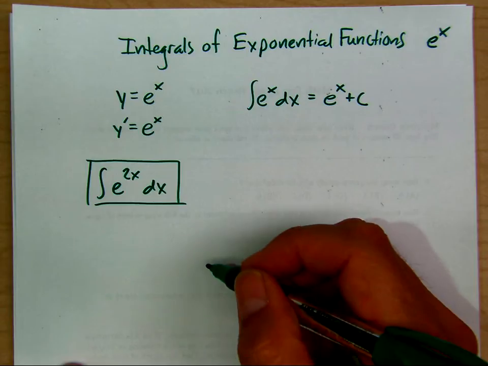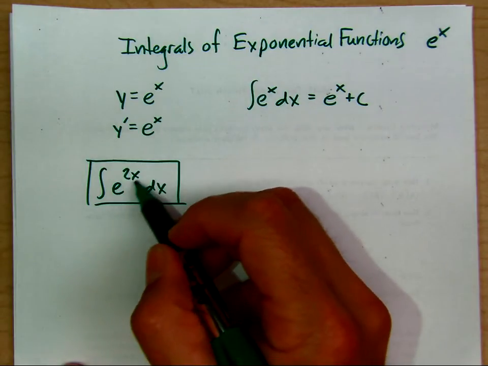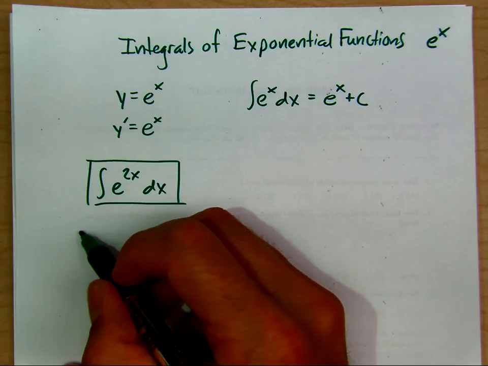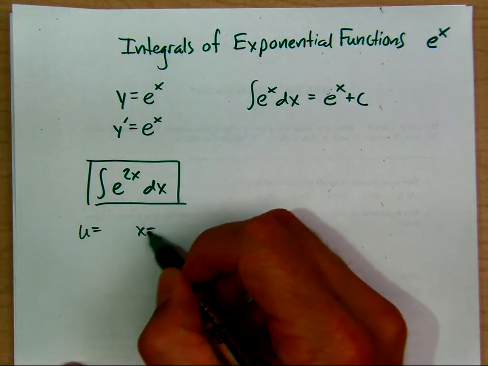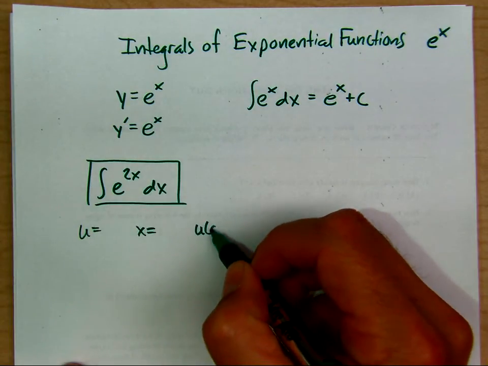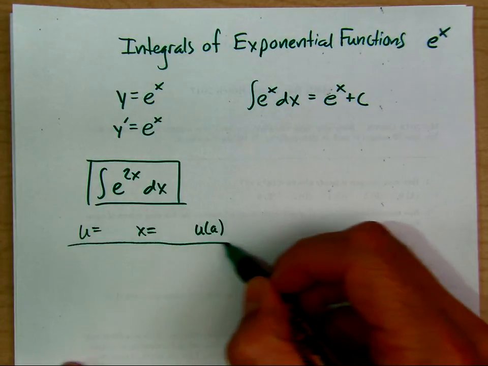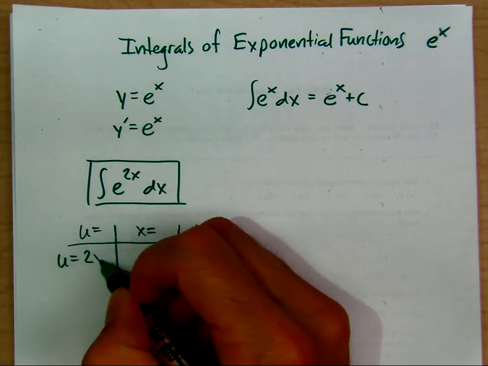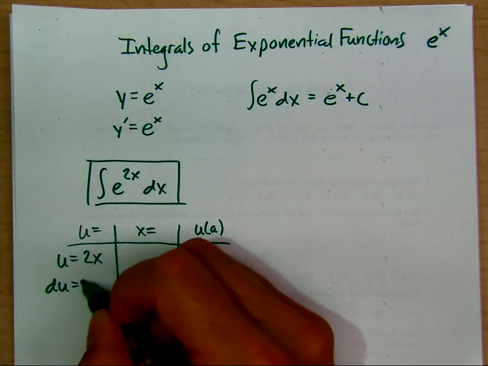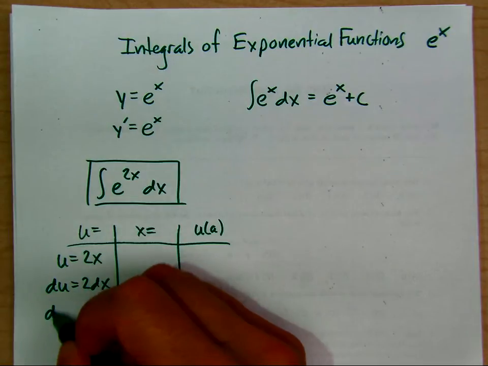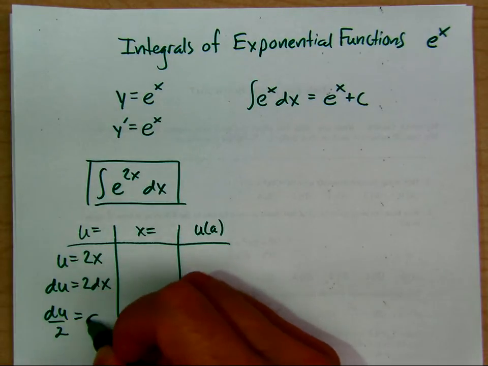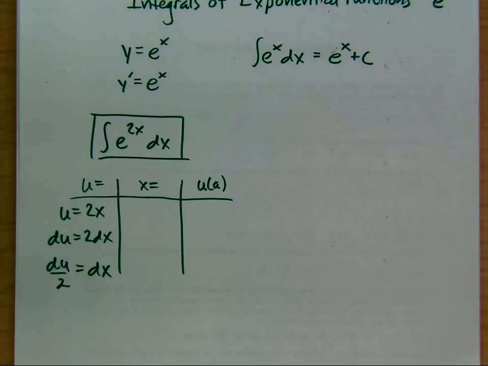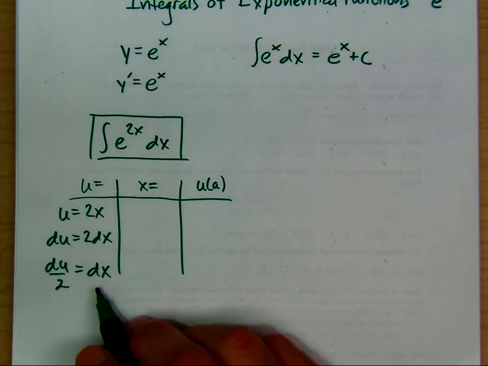So here we have the inside function is 2x, the outside is e, so then we look at substitution. U is the inside. We solve for the differential of x.